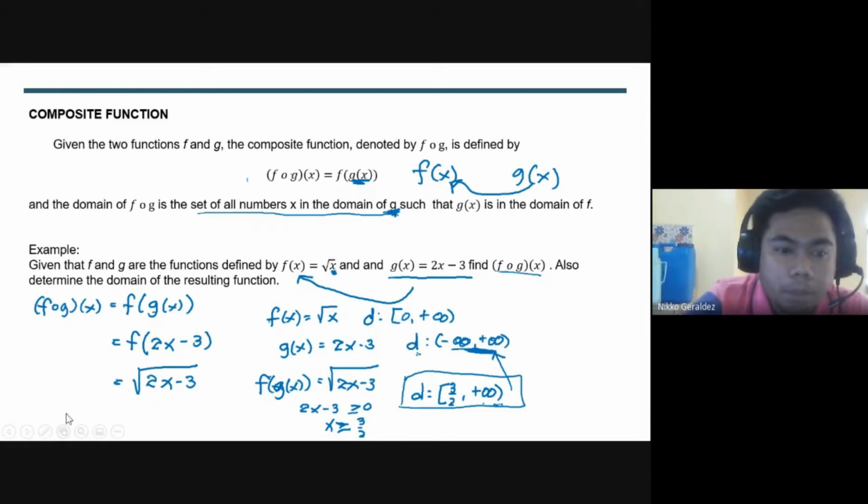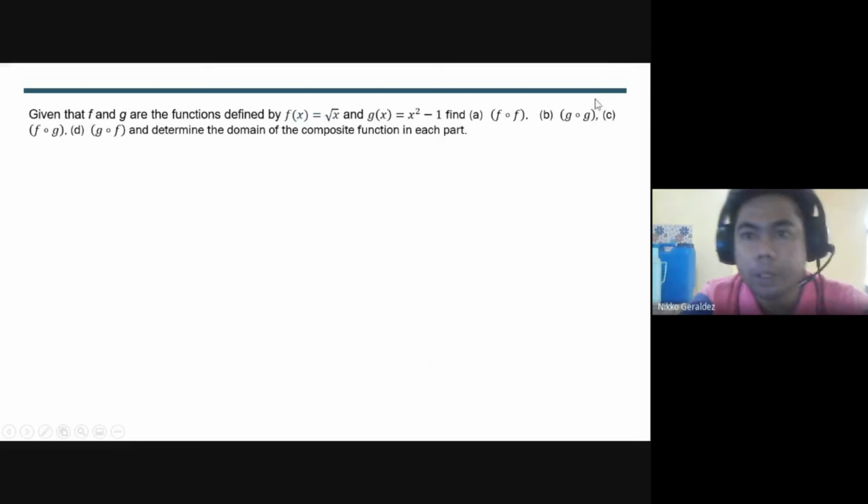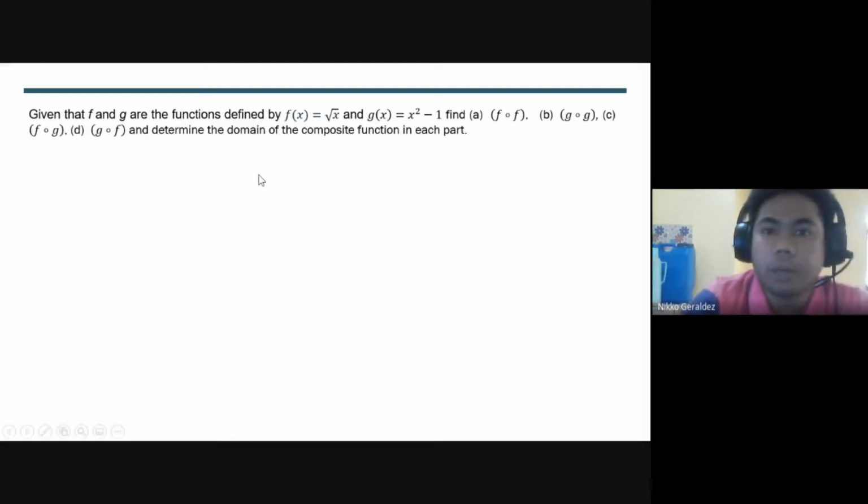So, another example. Given that f and g are the functions defined by f of x equal to square root of x and g of x equal to x squared minus 1. Solve for f composed of f, g composed of g, f composed of g, and g composed of f, and determine the domain of the composite function in each part.